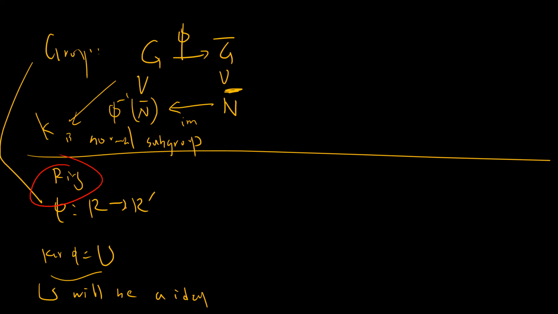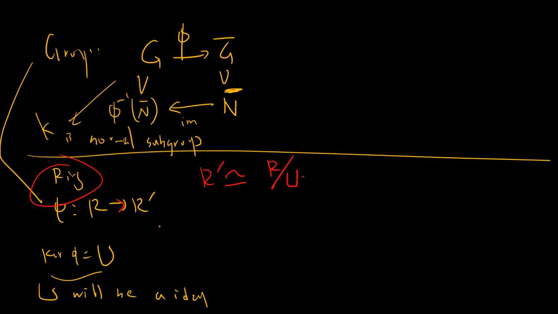Okay, so you say that you define this as onto, then by the isomorphism theorem, your R prime is isomorphic to R quotient U. Okay, so this is the first part.